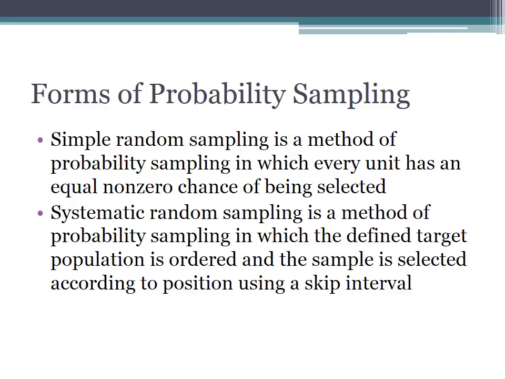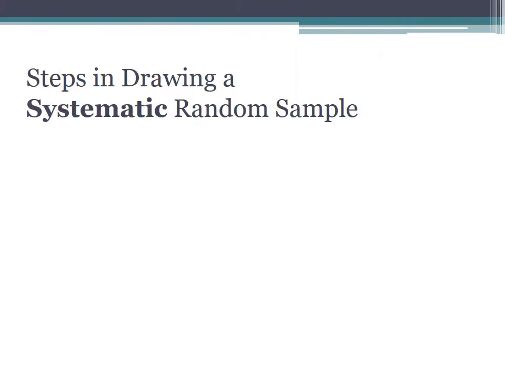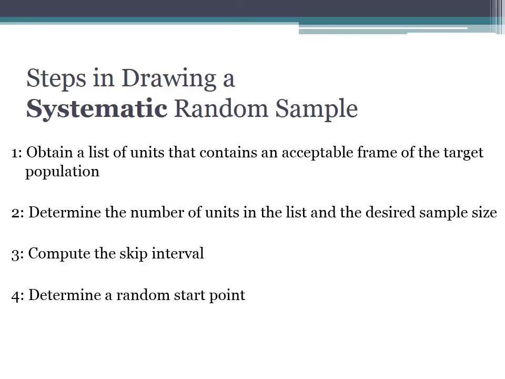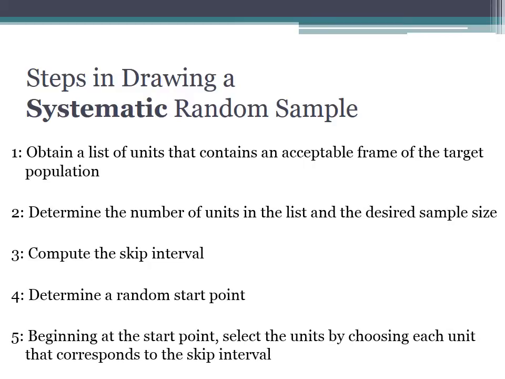Systematic random sampling is when everyone is ordered, and then the sample is selected according to a position based on a skip interval. So what is a skip interval? We start by obtaining a list of the units that contain an acceptable frame of the target population.